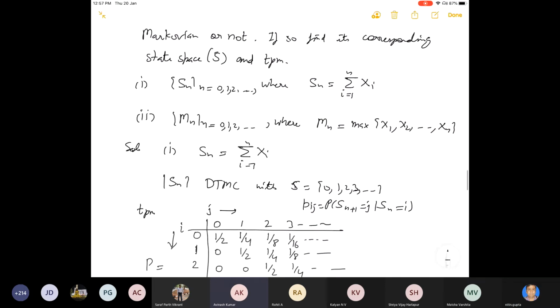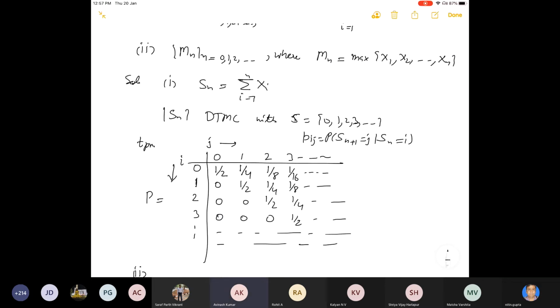Yes, sir. But here we are not considering the probability of P of xi, sir. No, but that should be satisfied also. Sir, I have a doubt. In this question, we have decided that this is a discrete time Markov chain before calculating the TPM.